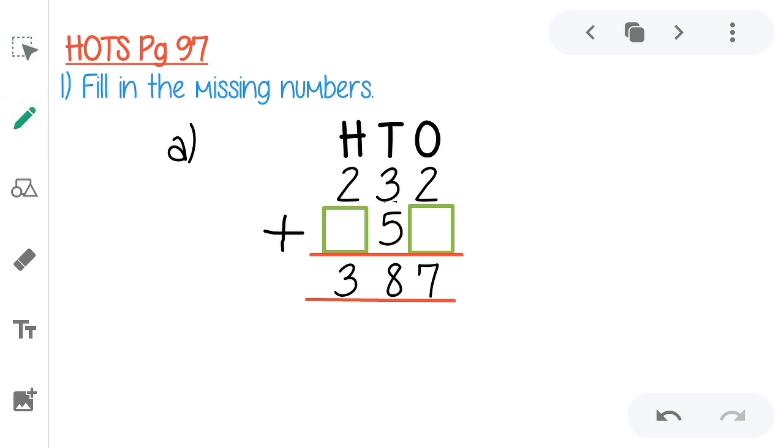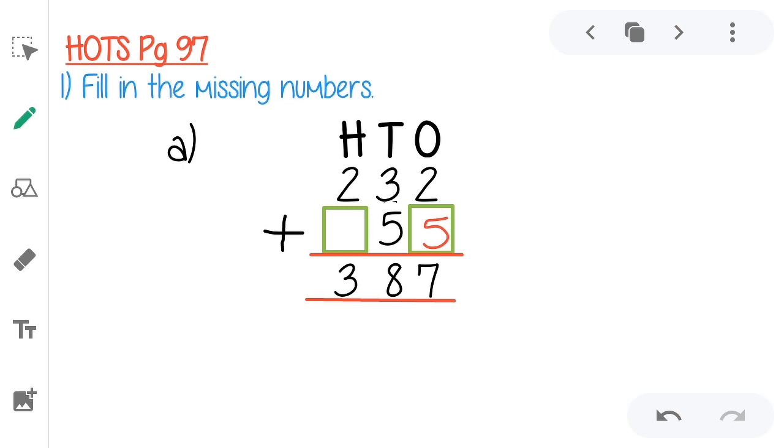Okay. So here starting from ones place, we can see 2 plus a blank box is there will give us 7. That means we have to find out 2 plus which number will give us 7. So 2 plus 5 will give us 7. Okay.